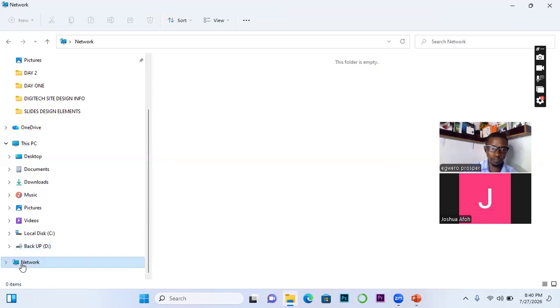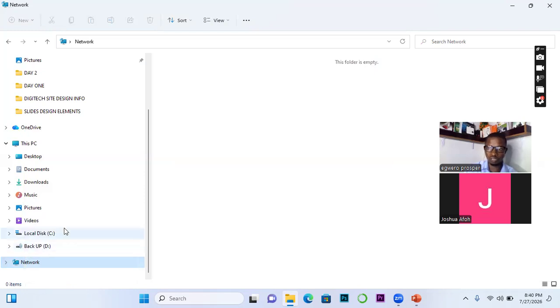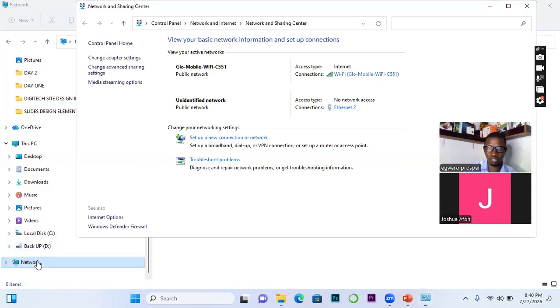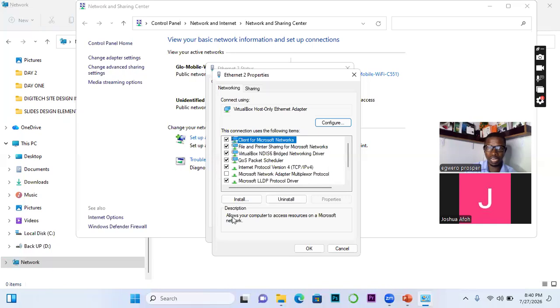So if I right click on the network connection and select properties, right now you can see that I'm on a Wi-Fi network. If I click on this to expand it, you will see the communication. If I select properties, you will now see that IP address we're talking about. You can see that this is Internet Protocol Version 4.